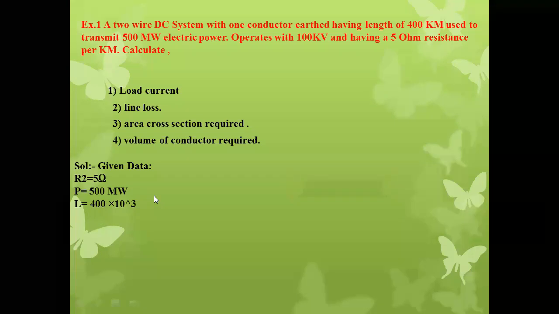Am I audible? Yes, sir. Calculate the load current first of all by using the formula. How much amount of current will flow through the load? Yes, tell me, anyone.